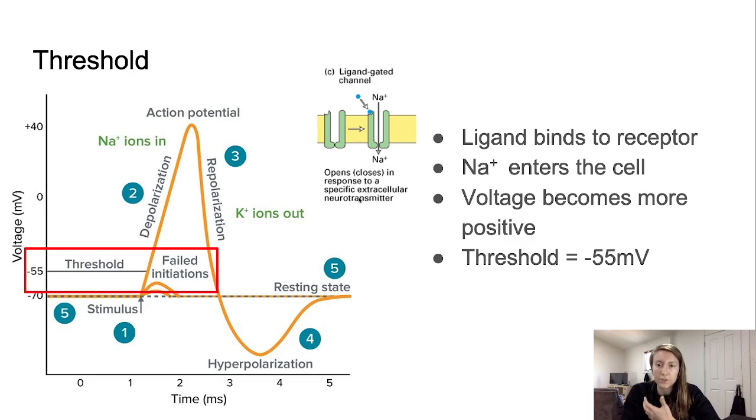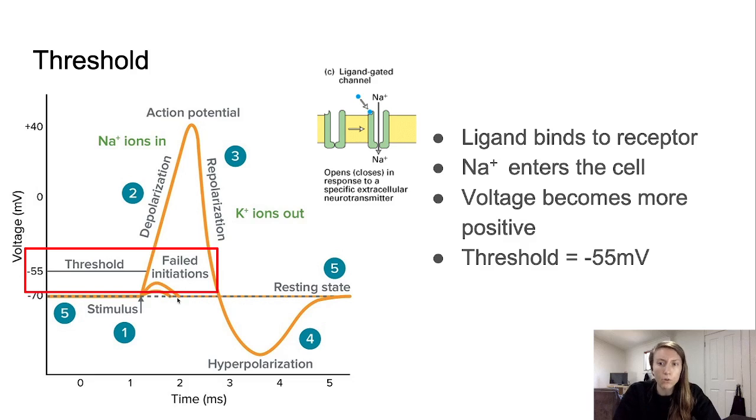Now, the addition of sodium inside the cell is going to make the membrane potential more positive, and it will increase slightly. If there is enough sodium inside the cell to move the membrane potential towards negative 55 millivolts, we will hit our threshold to begin an action potential. But if a bit of sodium comes in but not quite enough to get to that threshold, we'll get what's called a failed initiation, and the membrane potential will return back to rest.